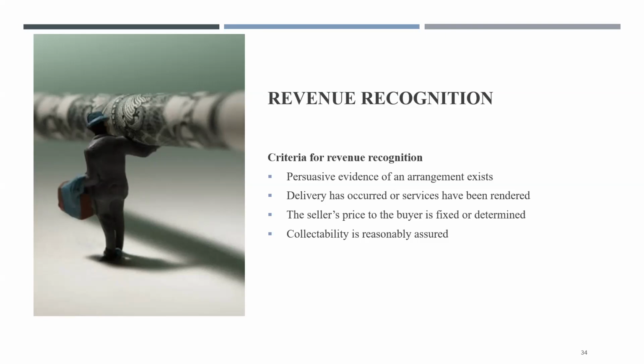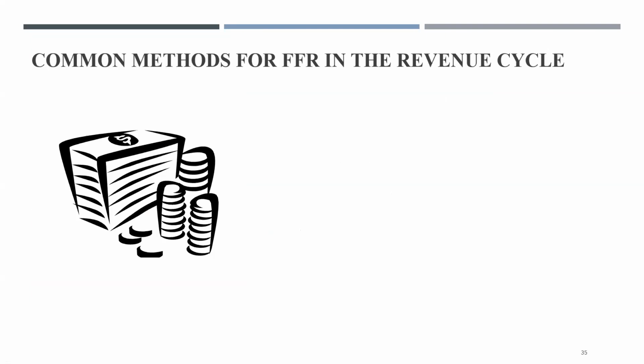Okay? Those recognition conditions are very important for you, because if the revenue is not meeting those criteria, it shouldn't be recognized as revenue. And if you have a lot of unrecognized revenue, that means the account might be misstated.